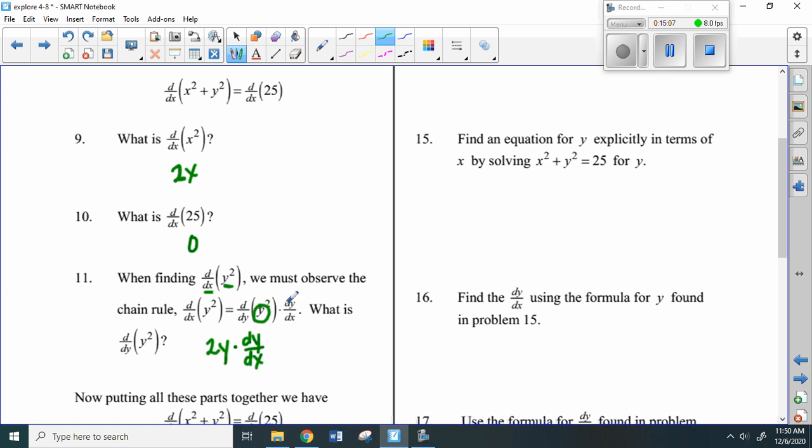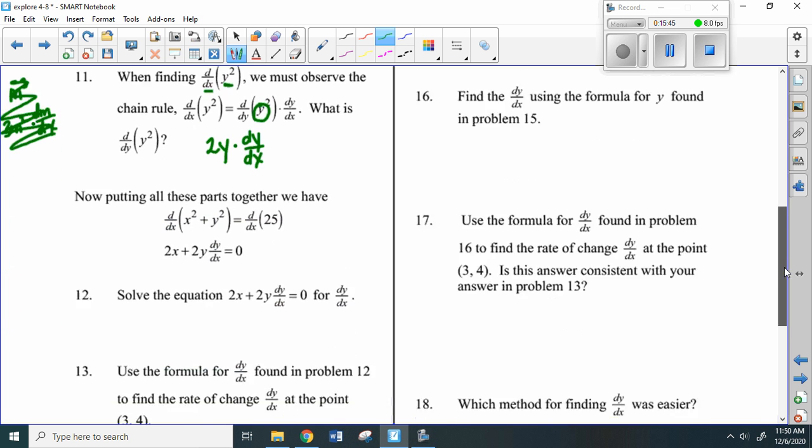So if this was, I don't know, m cubed, and I wanted to take the derivative with respect to x, I would take the derivative of m, but then I would have to multiply by the derivative of m with respect to x. And so it's just a notation thing, but it's very important when you're taking the derivative of implicit functions.